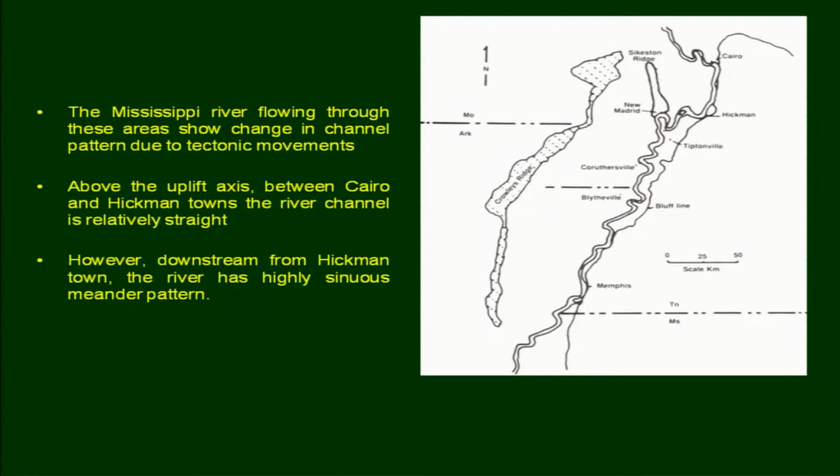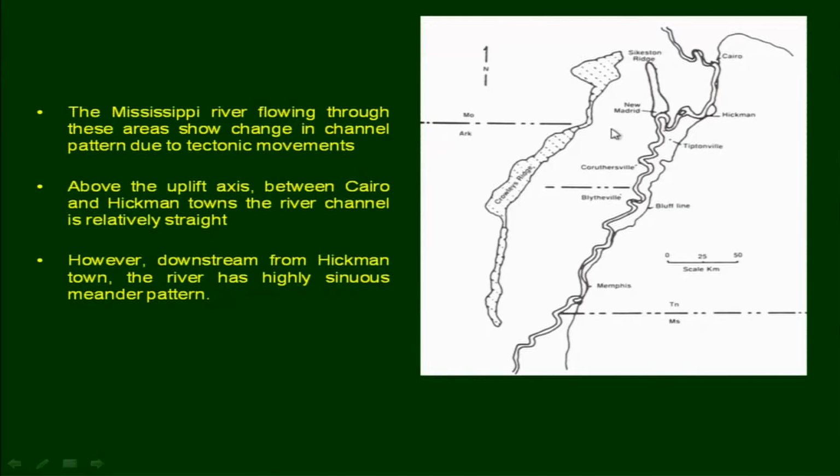If you look at this slide, this is the Mississippi River at the New Madrid Ridge, and the uplift. Above the uplift axis, near the city of Cairo and Hickman, the river channel is relatively straight. You can see it is quite a straight channel, and this is before the axis of the uplift.